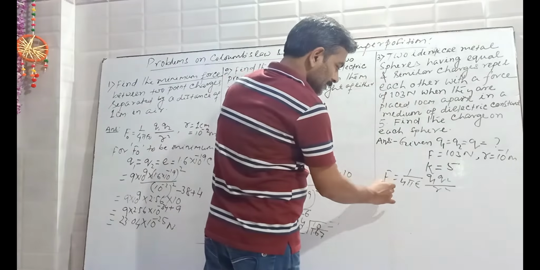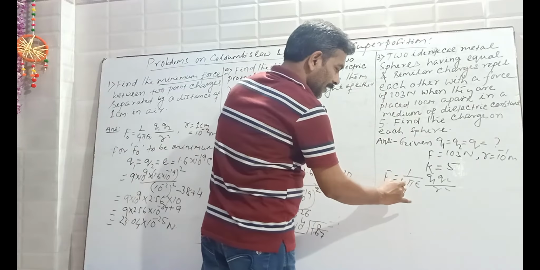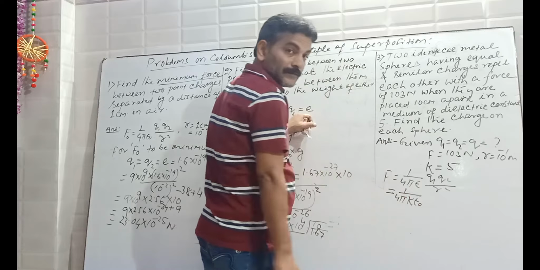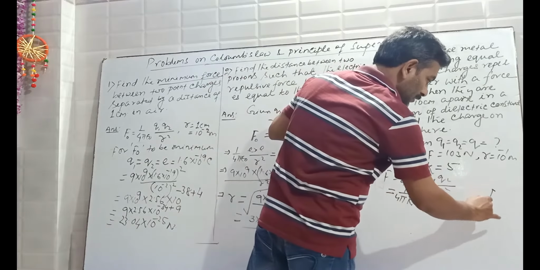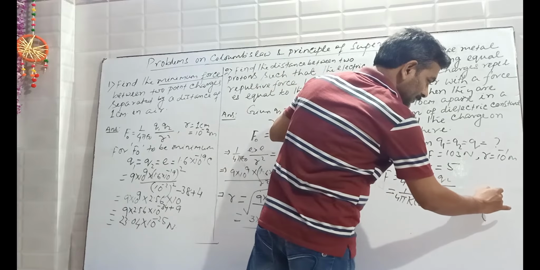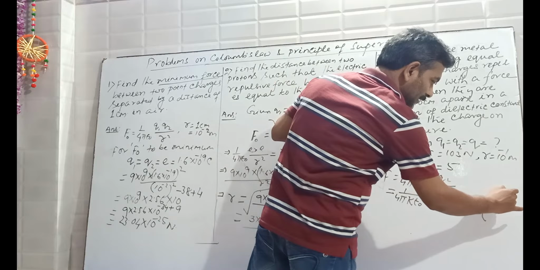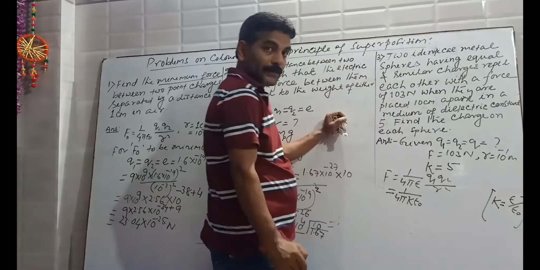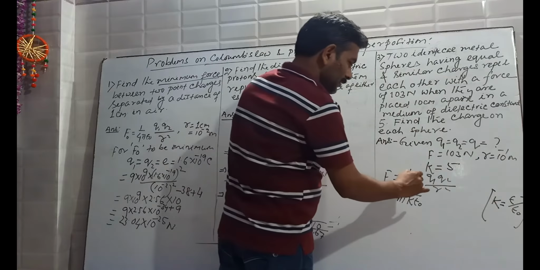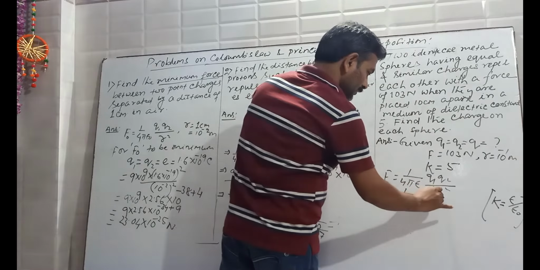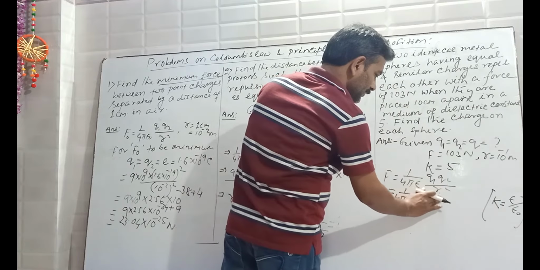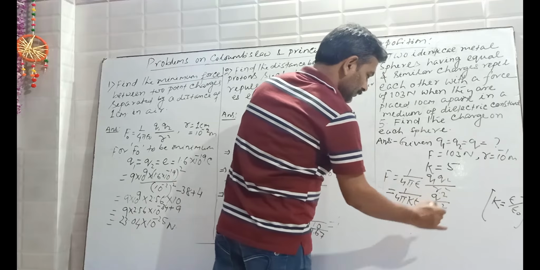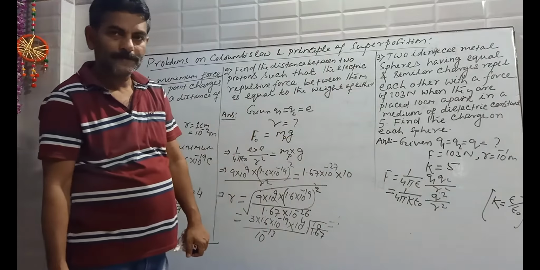So you see 1 by 4 pi K epsilon naught, because you all know that dielectric constant or relative permittivity is epsilon by epsilon naught. So epsilon is K epsilon naught. Q1 Q2, or you can write here Q square by R square. Okay?